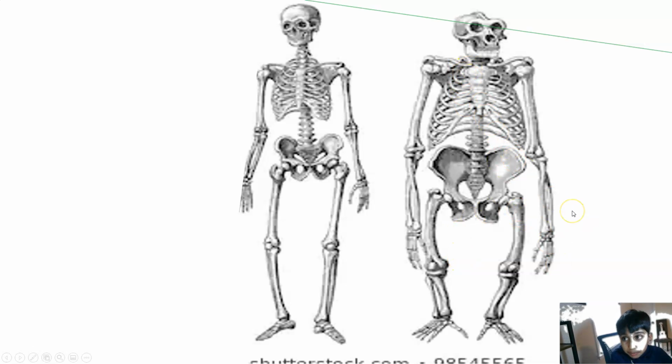I'm calling the chimpanzee "chimp" because it's a slang word and it's easier to say. So this is the chimp. See its buttocks? It's larger than humans' buttocks because of adaptation.